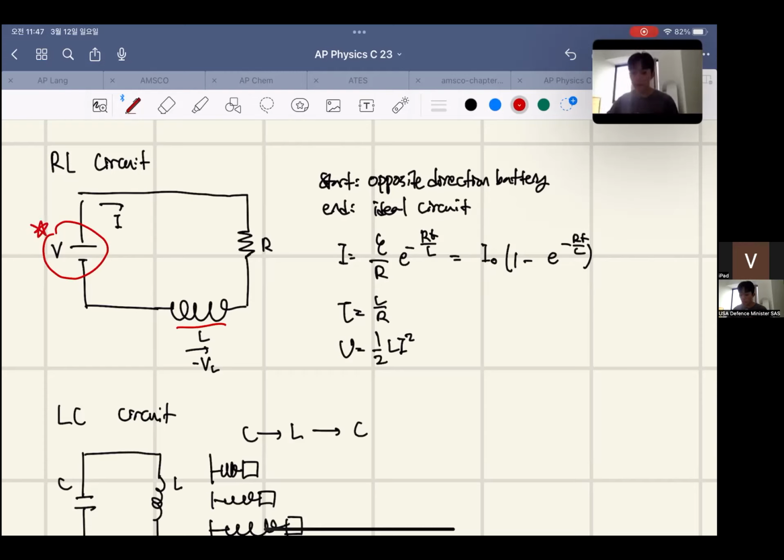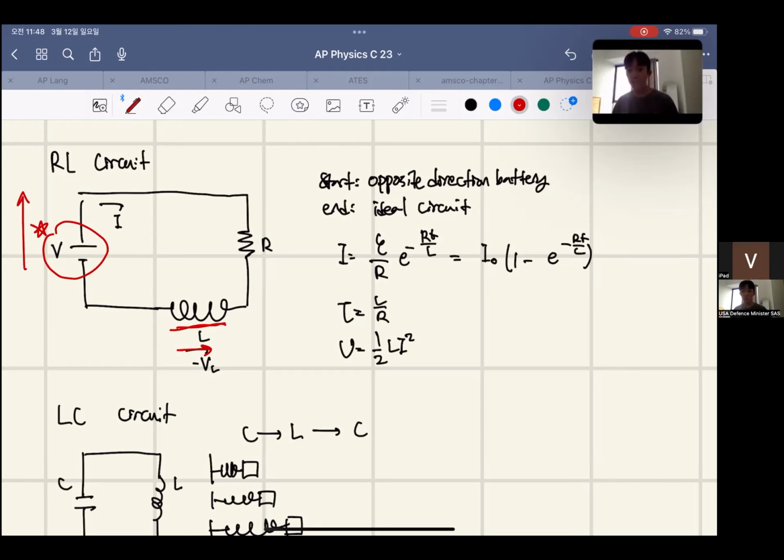The battery forms a voltage pushing the current upwards, or clockwise. However, the inductor forms a voltage in the opposite way, counterclockwise. So it forms the same amount of voltage present in the circuit, but in a different direction, simply to cancel out the difference in voltage and make it impossible for the current to flow initially.